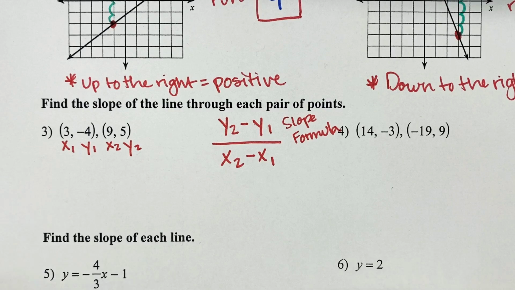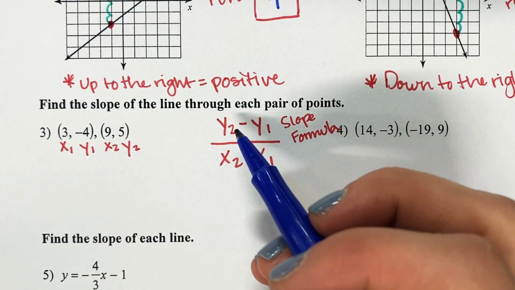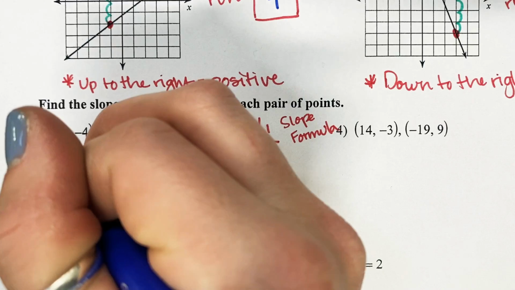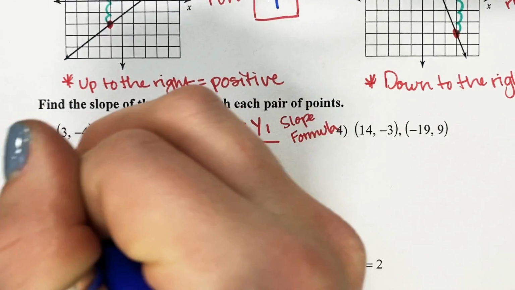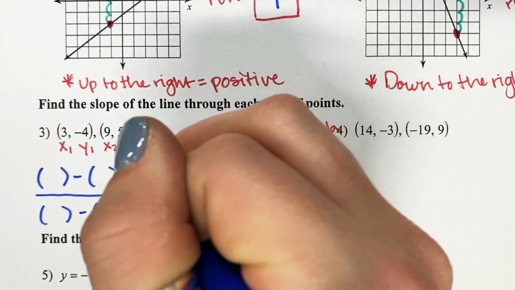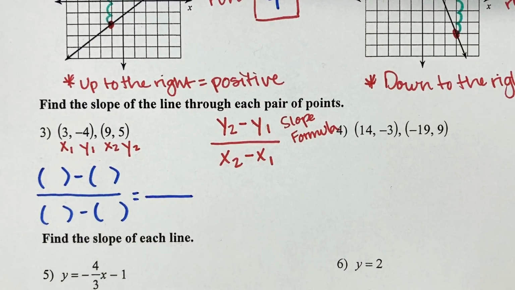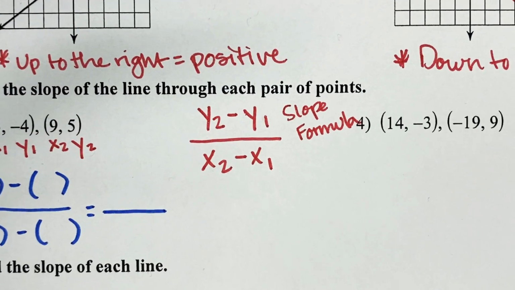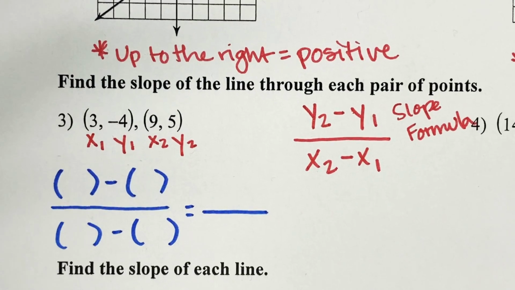Okay, awesome. Now that we've labeled them, we can go ahead and rewrite our formula. But instead of writing y2, y1, x2, and x1, just put some blank spaces. So y2 minus y1 over x2 minus x1. Okay, so now we can go ahead and fill in these spaces based on what we've labeled.